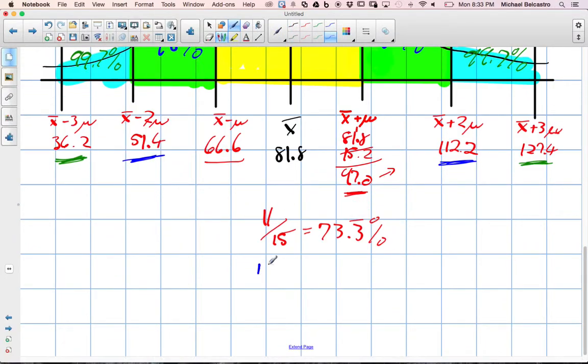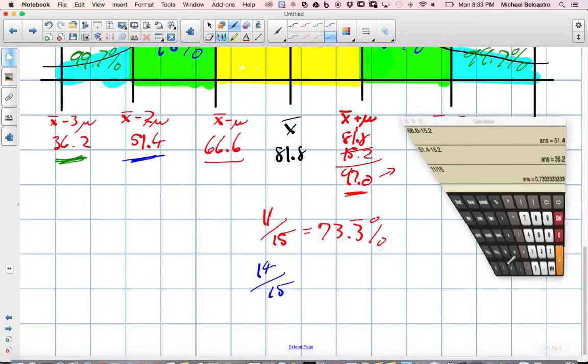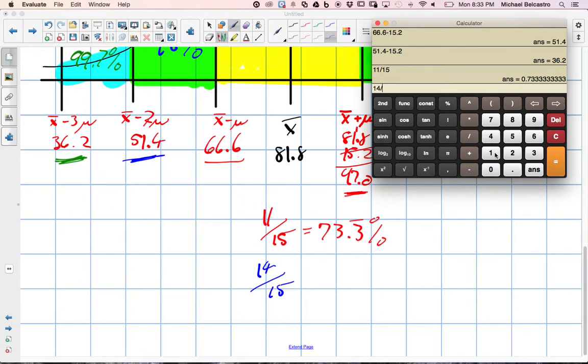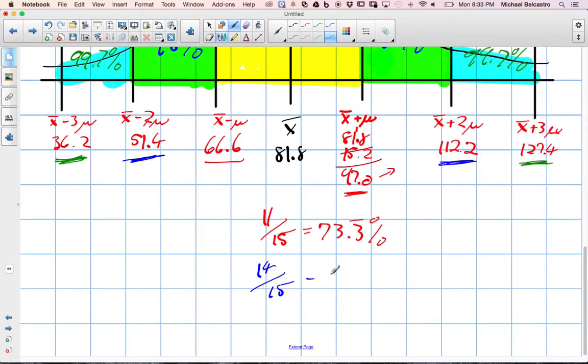That was blue, right? 14 out of 15 fell in our other range, which as a percentage is 93.3. Oh, and you can see that's really close to our 95%. It's a little off, right? But it's relatively close. And then finally, within 3 deviations, all of our data, our 51 was definitely higher than that. So 100% of our data fell within 3, and usually that number is supposed to be about 99.7, right?